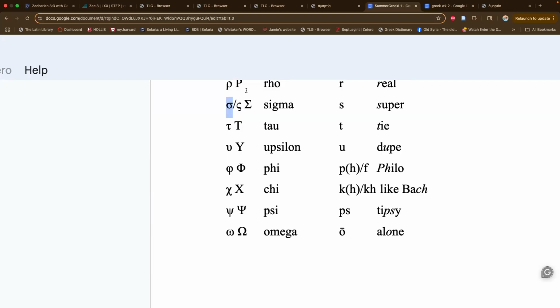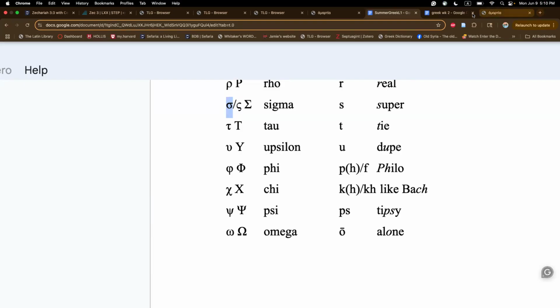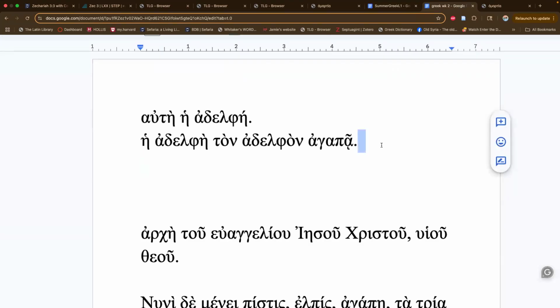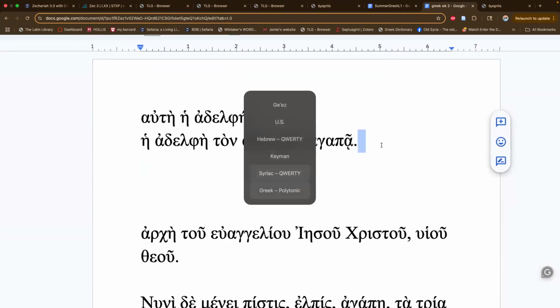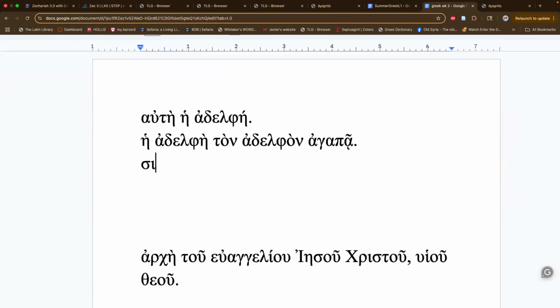I can give an example here if I have a Word document open. So if I have something like sigma, there we go, this is going to have that. Or if I have something like paratasso, it's going to look like that.